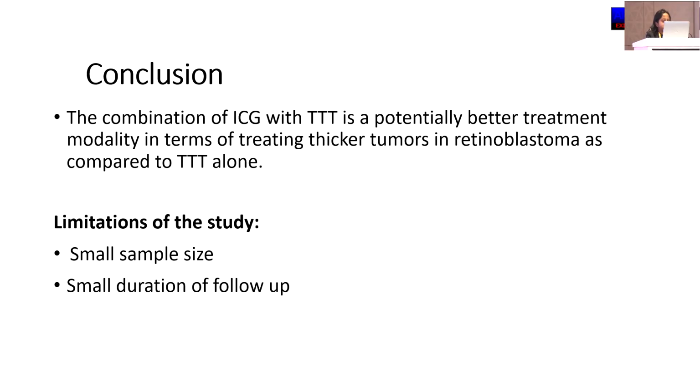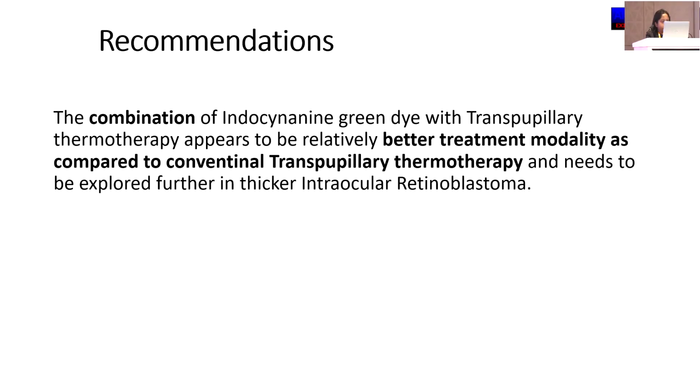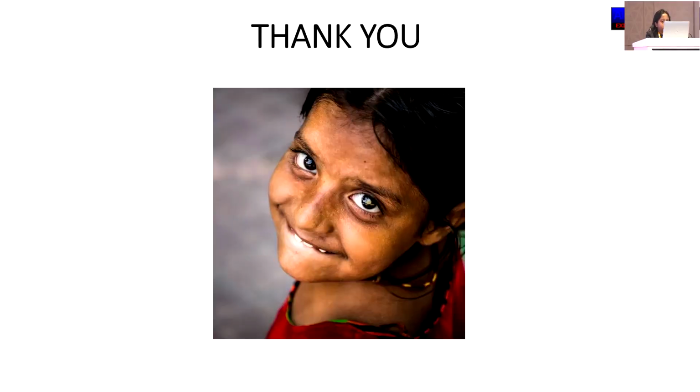Limitations of the study are a small sample size and a short duration of follow-up. We recommend the combination of ICG with transpupillary thermotherapy, which appears to be a relatively better treatment modality as compared to conventional TTT and needs to be explored further in thicker intraocular retinoblastoma. Thank you for your patience in hearing.